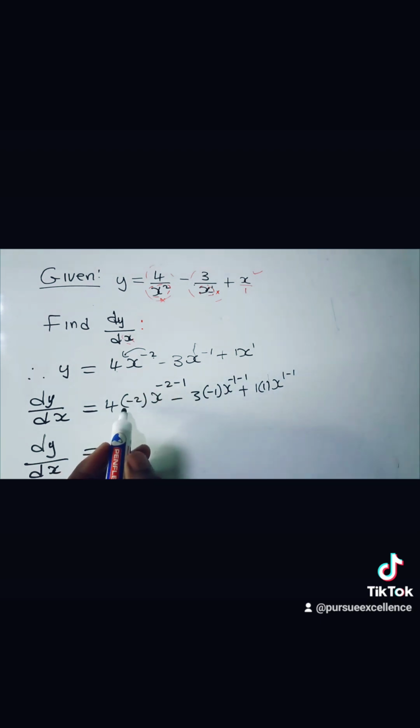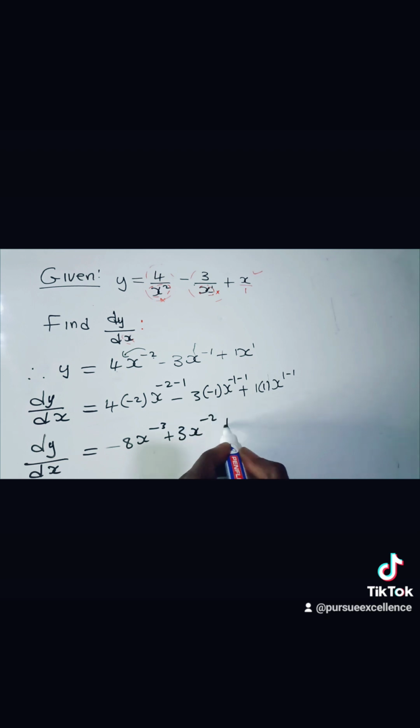Then we keep on solving this dy over dx. 4 multiplied by negative 2 gives me negative 8x to the power of negative 3. Then this is going to be positive 3x to the power of negative 2, plus x to the power of 0.